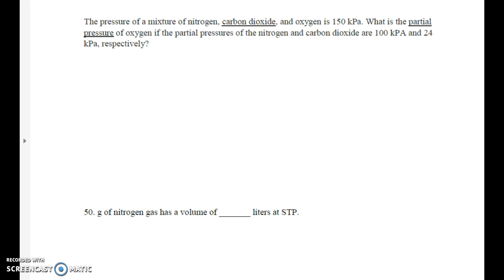So we have 3 different gases in here, and it tells me the total pressure is 150 kilopascals. So what happens is the pressures of all the gases should add up to that total pressure. So total pressure should be the pressure from the nitrogen added to the pressure of the CO2 added to the pressure of the oxygen.